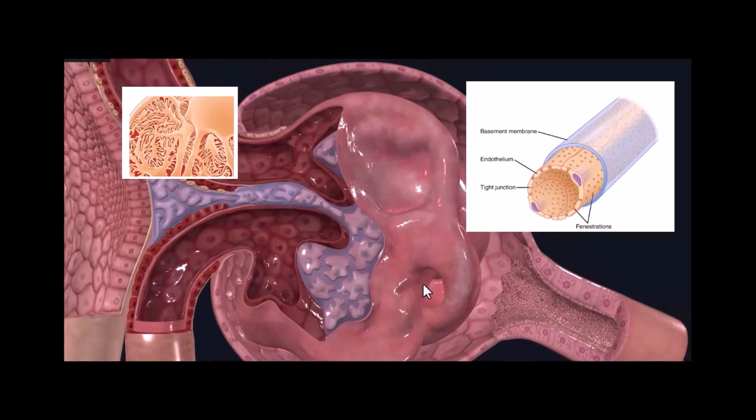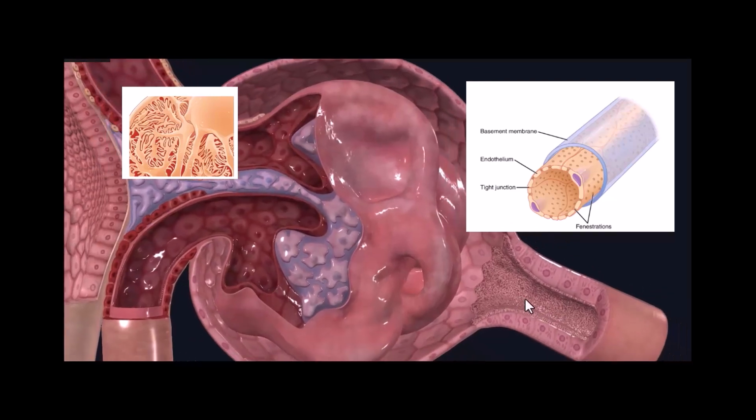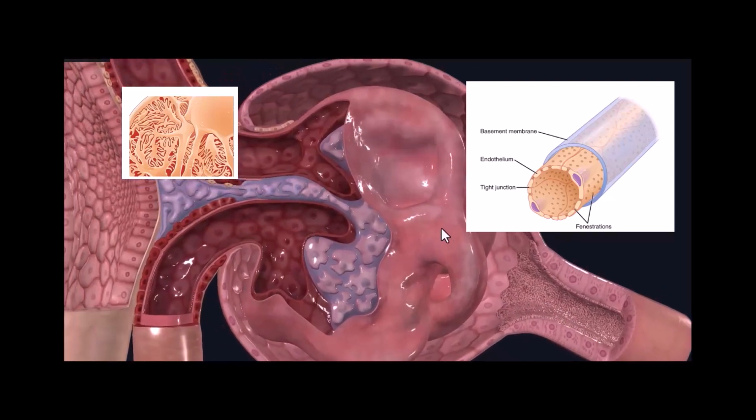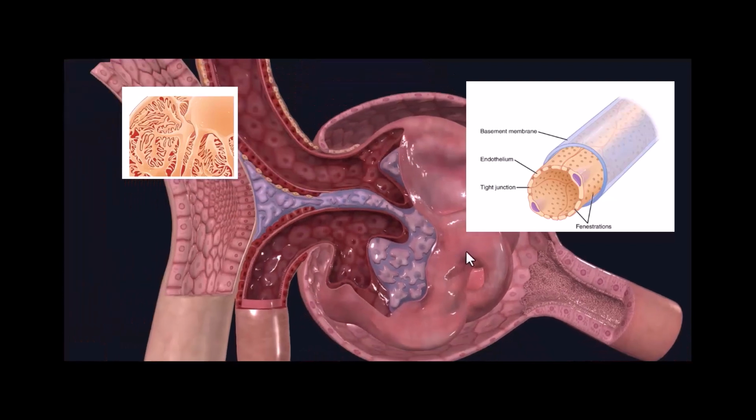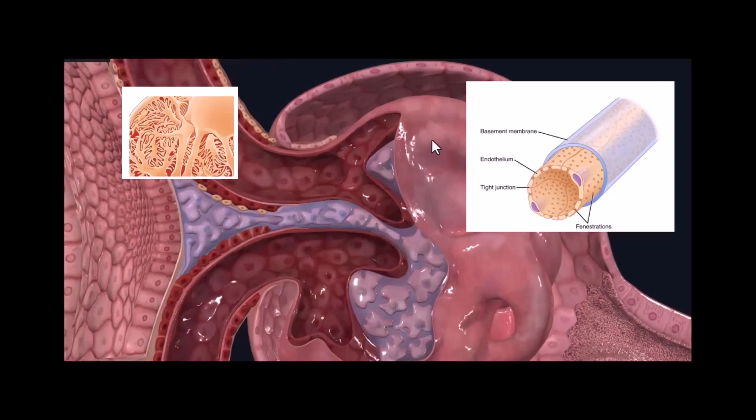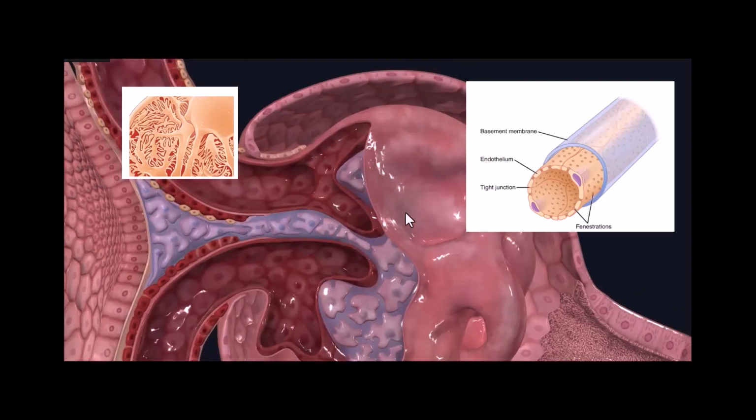So if you have a large amount of protein inside the solute or inside the filtrate, that is going to show you that you have kidney disease. So there are, quote unquote, holes inside the glomerulus that are allowing large particles into the filtrate, when in reality that should never happen. If it does happen, it leads to kidney disease, or it shows you that you do have kidney disease.